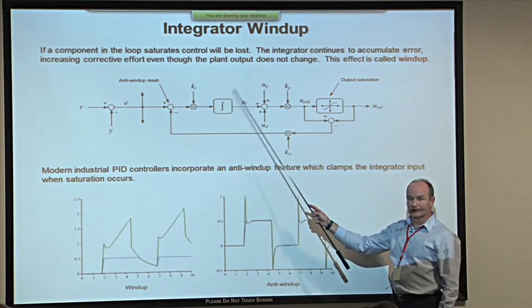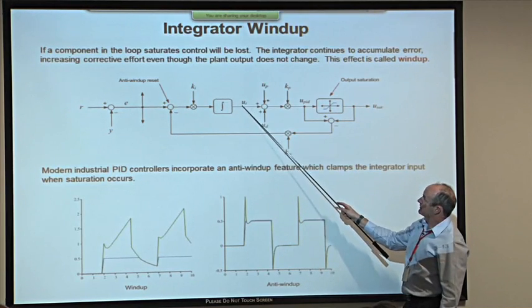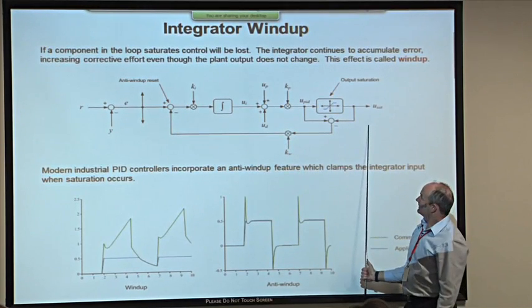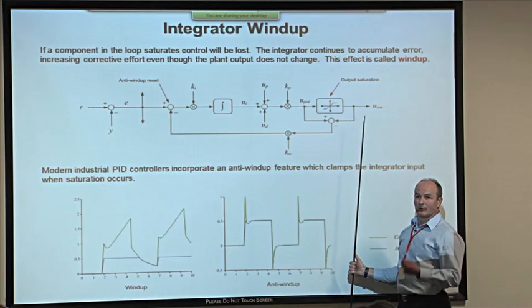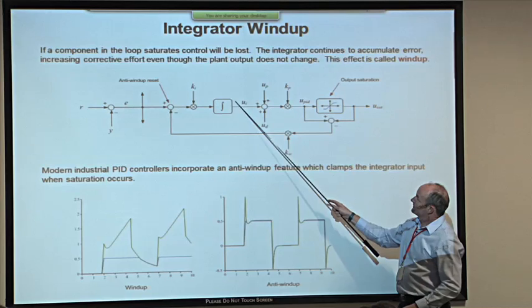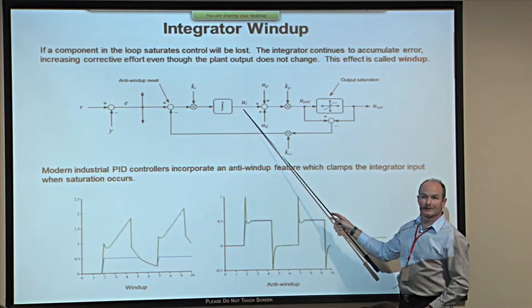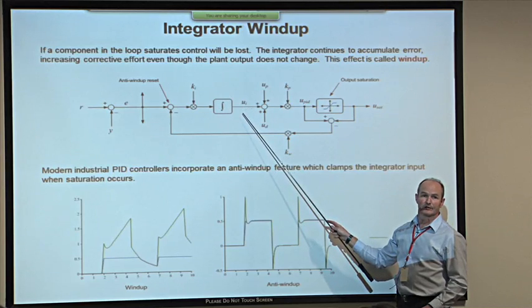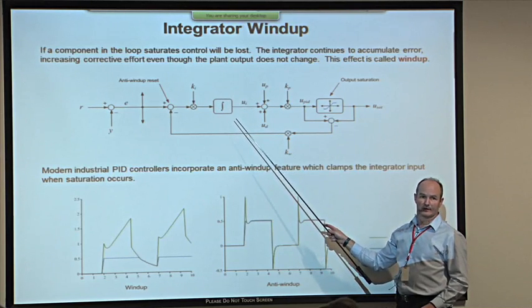It's being accumulated through the integrator, and this term ramps up and up and up, even though the output isn't moving. And unfortunately, when you come to recover from saturation, all this latent wind-up, as it's called, has to be removed before the integral path plays any significant role in the control process.